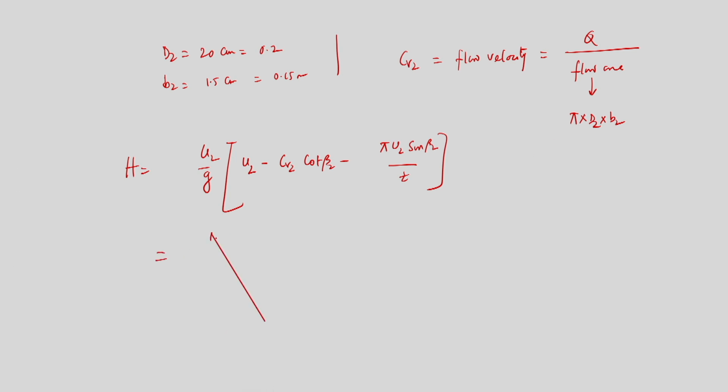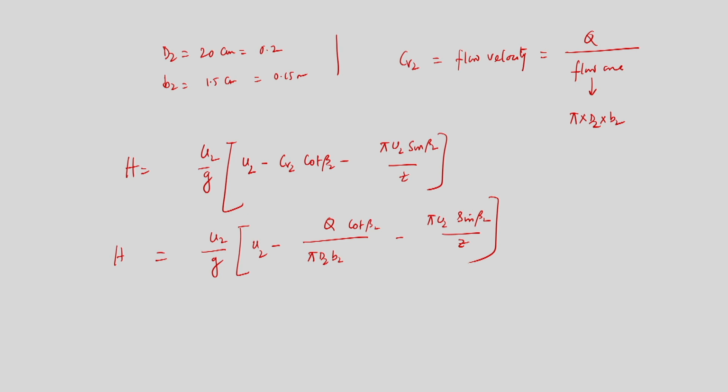Putting the magnitude of Cr2, that is U2 by g into U2 minus Q divided by pi d2 b2 cot beta 2 minus pi U2 sin beta 2 by Z. So this is the expression of H which can be related in terms of Q.